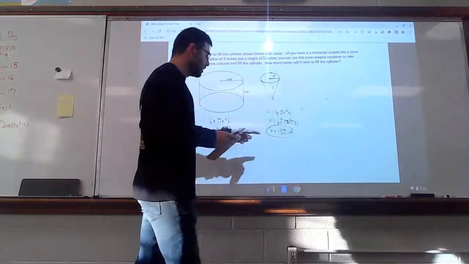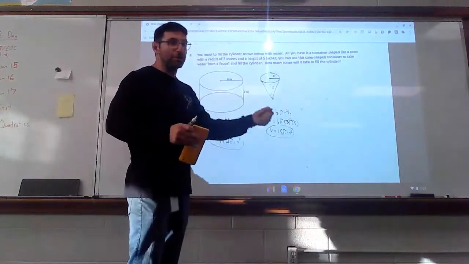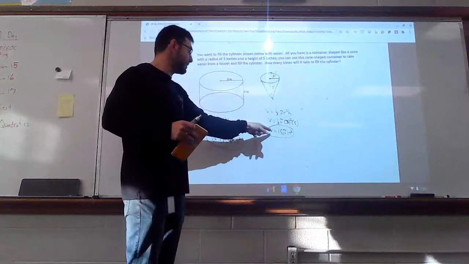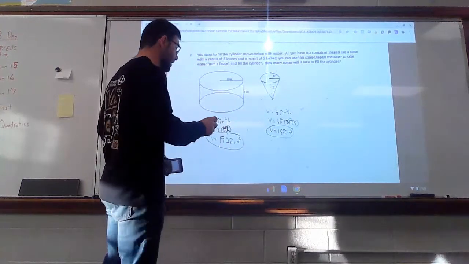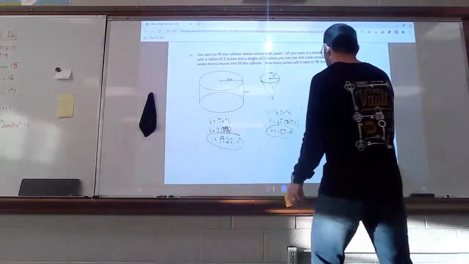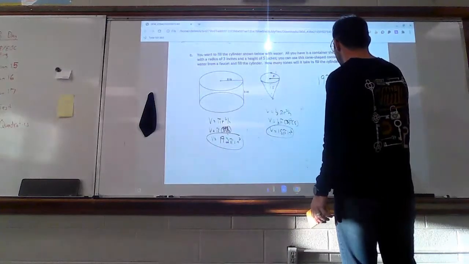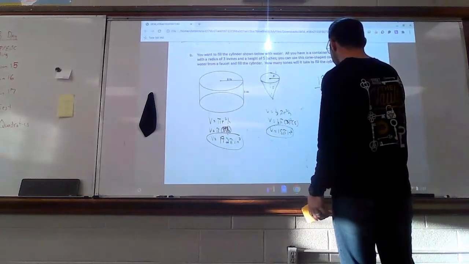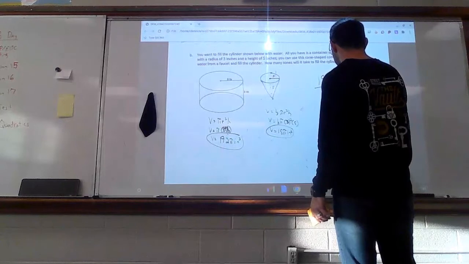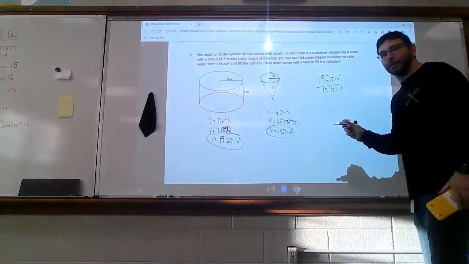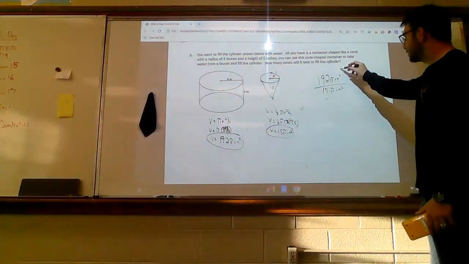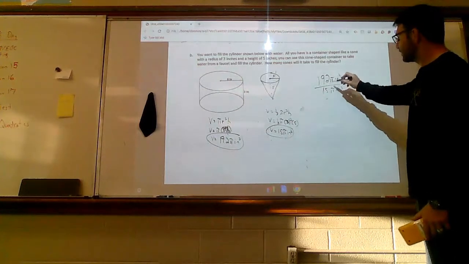Okay, we know that this can only scoop up so much water. So we need to figure out how many of these fits inside of this. To do that, we divide. We take 192 pi inches cubed divided by 15 pi inches cubed. Now, might be a little bit above you, but an inch divided by an inch, that's gone. Pi divided by pi is gone.